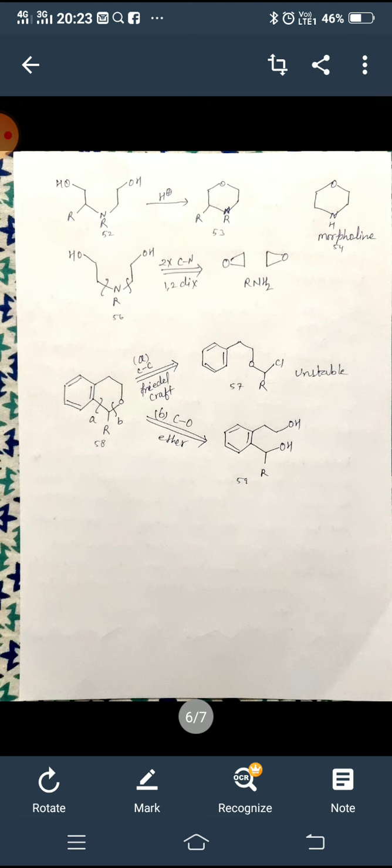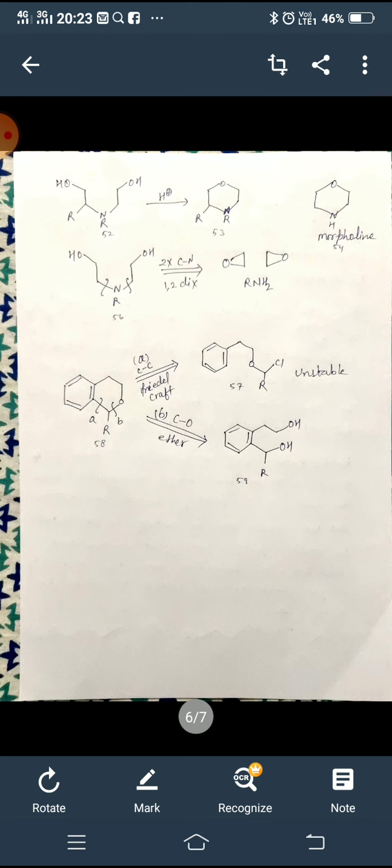The other possibility, B, is a carbon-oxygen disconnection, then we get the diol, and this 57 is unstable. So the reliable reagent for this is the diol 59.